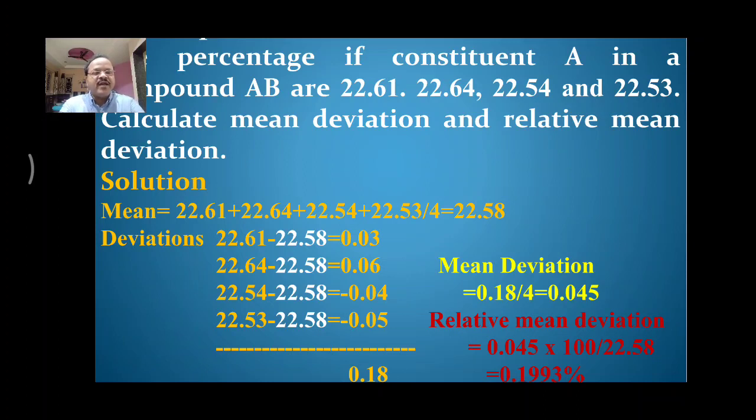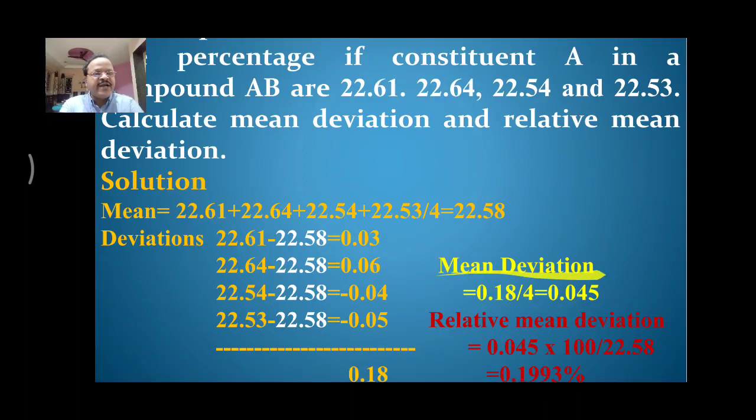First find out the mean, then find out the individual deviations, that is the mean should be subtracted from each reading so that you will get the difference, and take the sum of these differences, that is here 0.18.